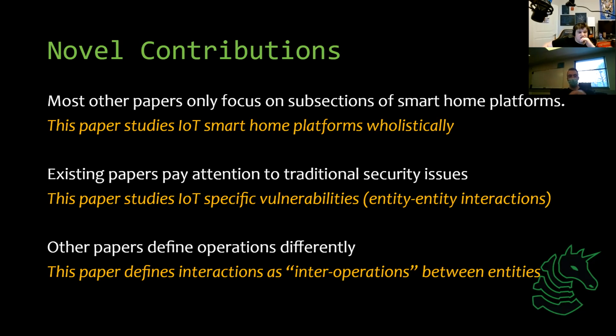And third, other papers define operations differently, in terms of how entities interact with each other. This paper defines interactions as basically the inner operations between entities, so how the management device is interacting with some other device. Those are really the things to be conscious of before we go into this, and that's also their novel contributions.